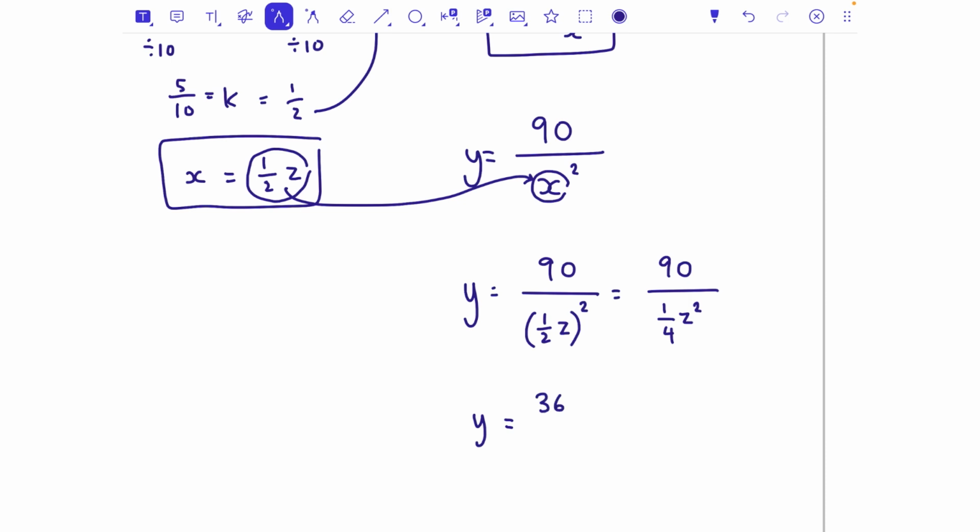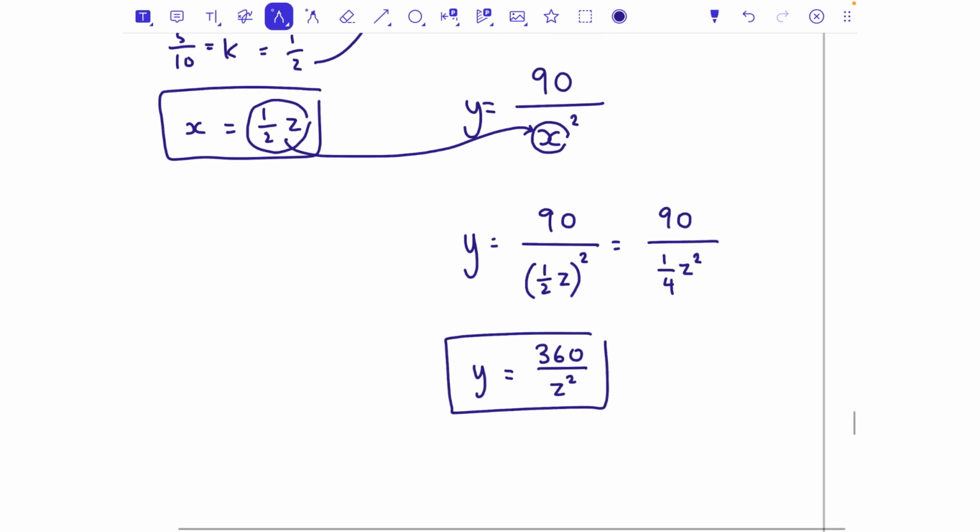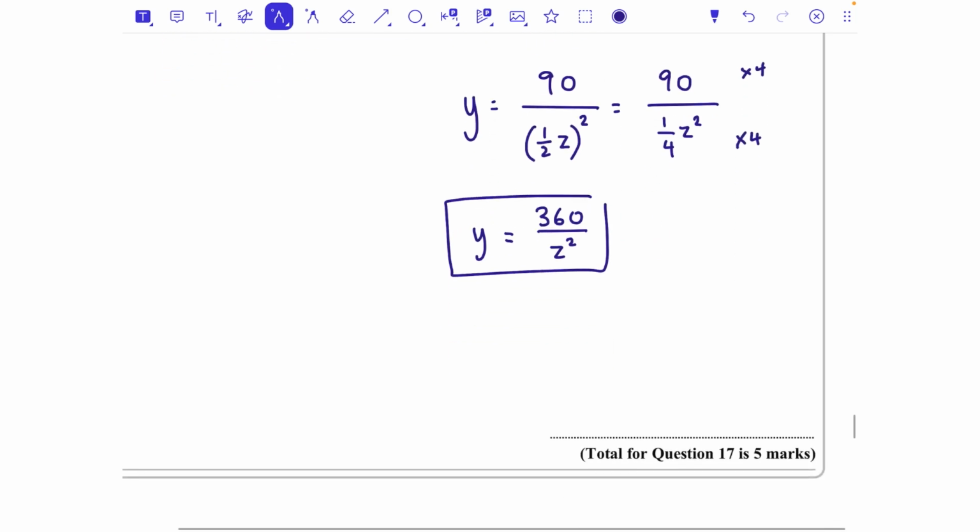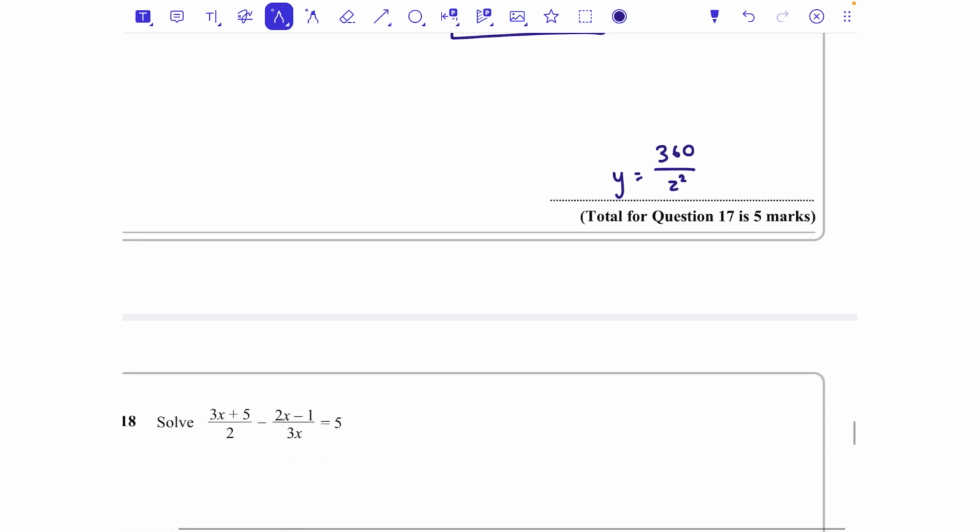So 360 over z squared. That is my final answer. I've times the top by 4 and I've times the bottom by 4 to get rid of that fraction and give that nice final answer. So y is 360 over z squared. There we go, 5 marks for that one.